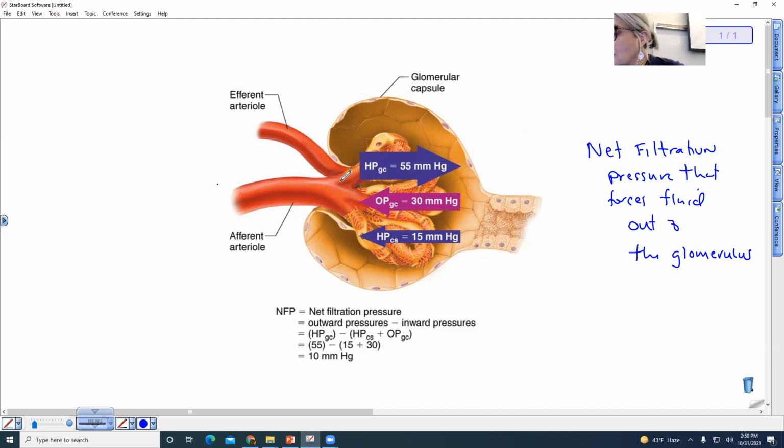So constriction of the afferent arteriole is going to decrease the net filtration pressure, and this is going to decrease the amount of filtrate produced.